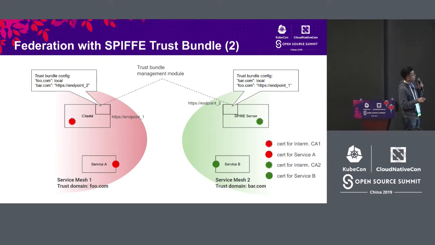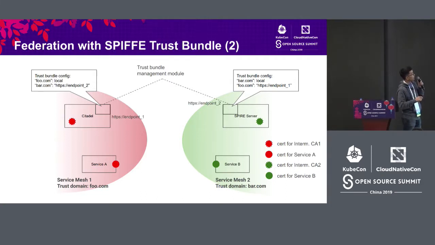And for this to work, you will have a trust bundle management module running in Citadel and SPIRE server. This module is in charge of both publishing the trust bundle endpoint and also consuming the trust bundle from the other endpoints. In this example, you see the Citadel is exposing an endpoint which is HTTPS endpoint 1, and the other side is HTTPS endpoint 2.